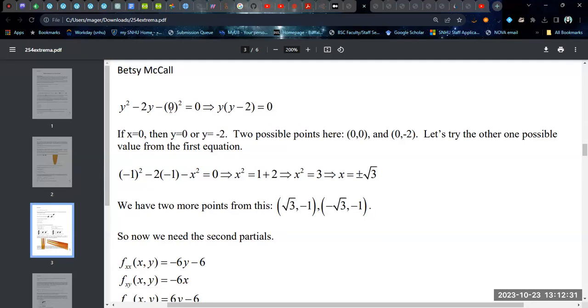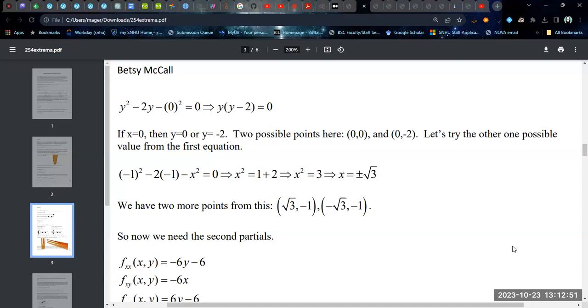I started out plugging in x equals 0, and then I end up with y squared minus 2y. I can factor that, and so I get two possible combinations. If x is 0, y can be 0, that's 0, 0. Or if x is 0, y can be negative 2. So that's two possible critical points from that condition.